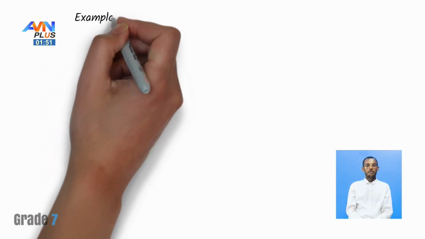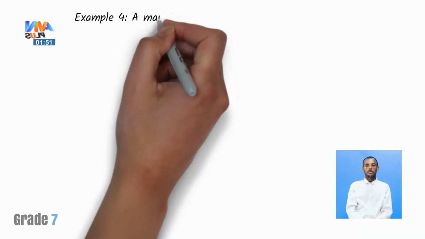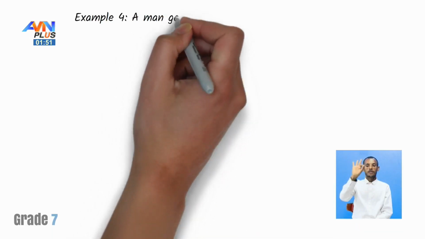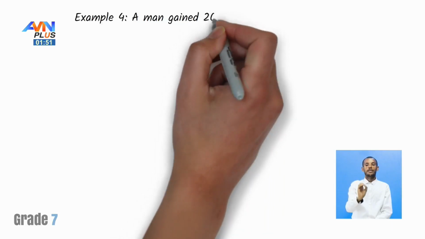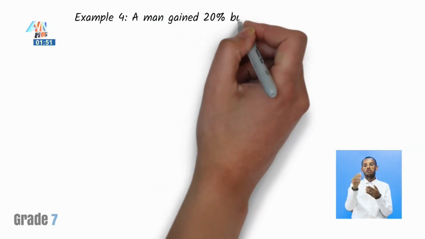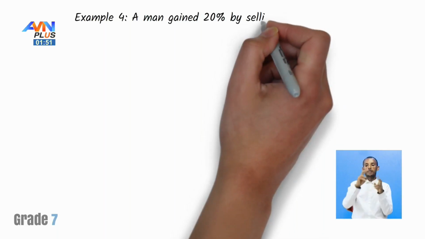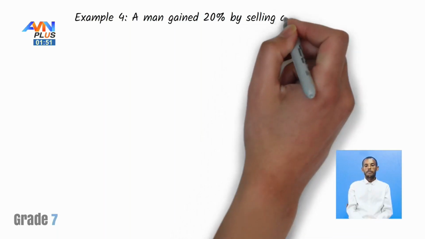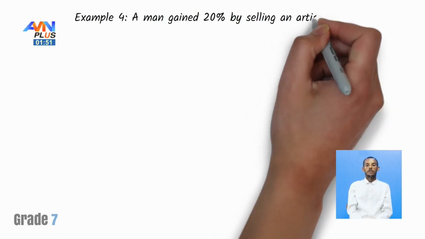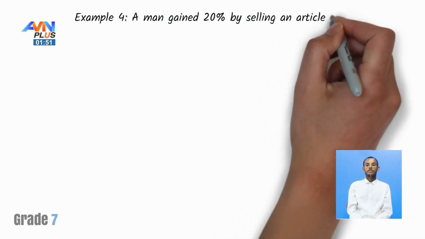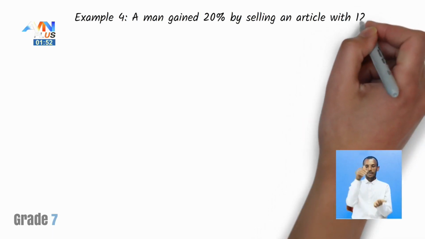A man gained 20% by selling an article with the selling price of 12,000 birr.